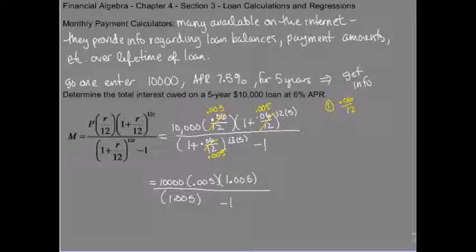And then the second thing I'm going to do is 12 times 5, which is 60. And then the third thing I'm going to do is 1.005 to the 60th.